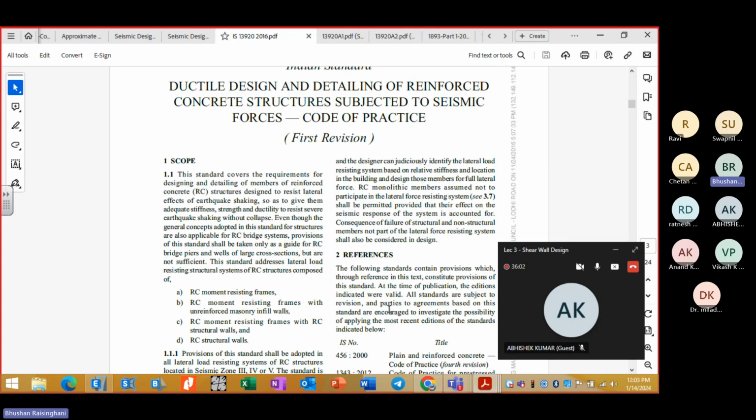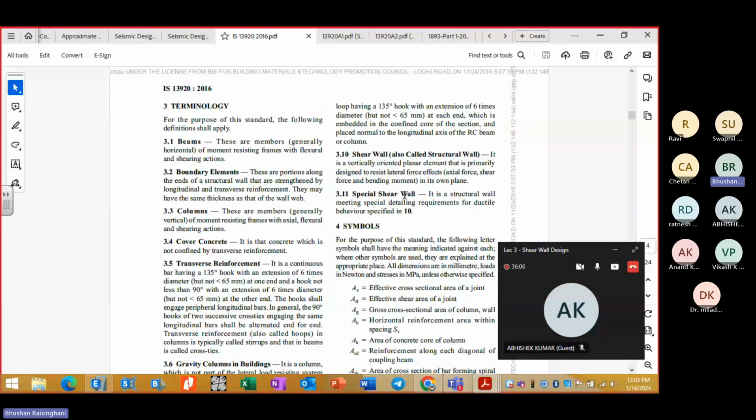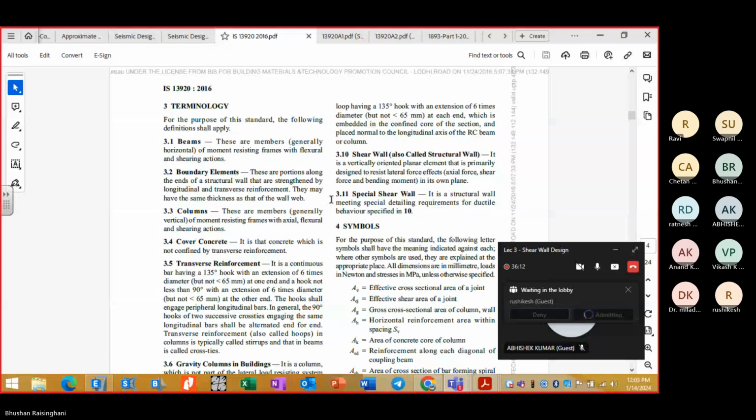So we are starting with design of the shear walls. The shear wall is also called the structural wall. It is a vertically oriented planar element. This is very important. We start with the definition of shear wall.